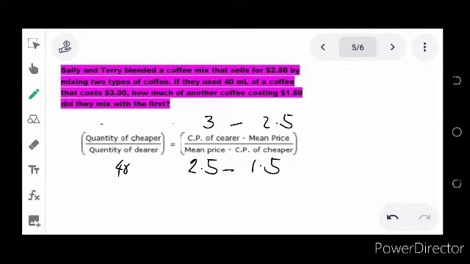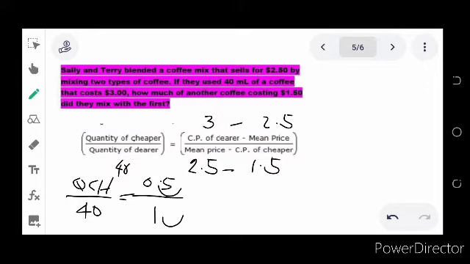So we have now quantity of the cheaper over 40 equals 3 minus 2.5, that gives you 0.5. And then 2.5 minus 1.5 is 1. Get rid of the decimal. We don't want to work with decimals. So move 2 places. This becomes 5 over 10, which is equal to 1 over 2.